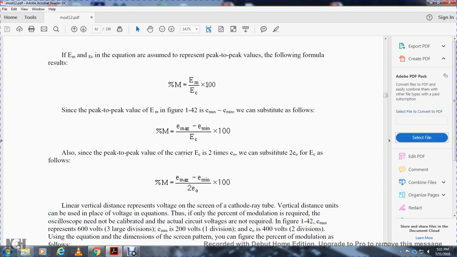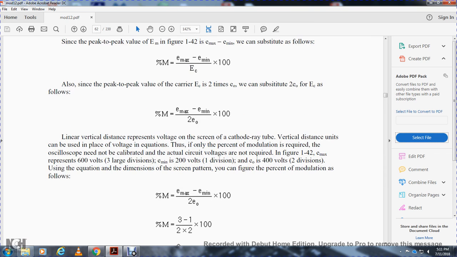Since the peak-to-peak voltage is EM, the figure shows EM as voltage max minus voltage min. Since the peak-to-peak value of the carrier is 2 times EO, substitute EO for EC in the following lines.